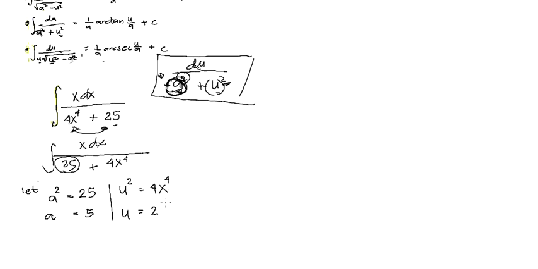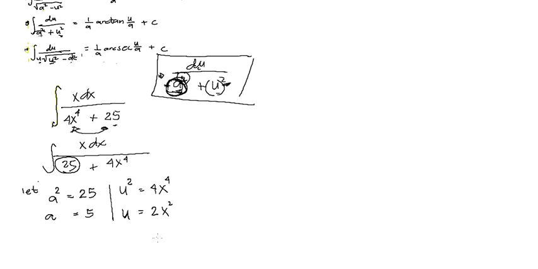Then the square root of x to the 4 is just x squared. If you want to check, then you can square this. a squared is just 5 squared, which is 25. Or if you square u, u squared is 2 squared, which is 4, and x squared squared is x to the 4. Okay, so I think we're on the right track. That is just for checking.